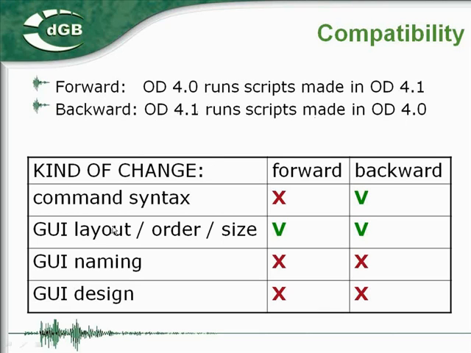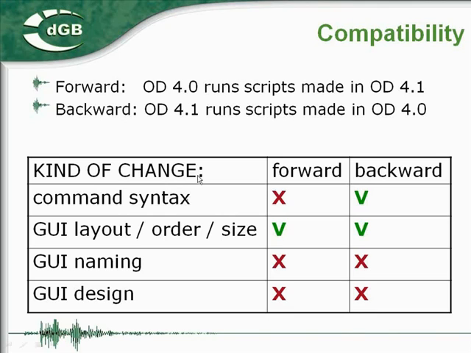Forward compatibility is very limited. If, let's say, there is a change between 4.1 and 4.0 in the layout of the graphical user interface, or in the order of menu items or list items, or in the size of a menu or the size of a list, that can be guaranteed to be forward compatible, but that's about all.